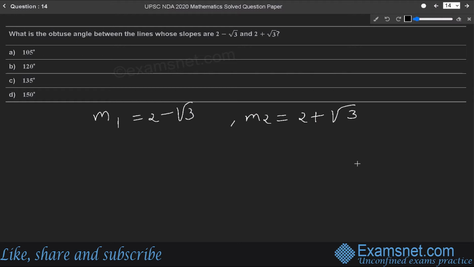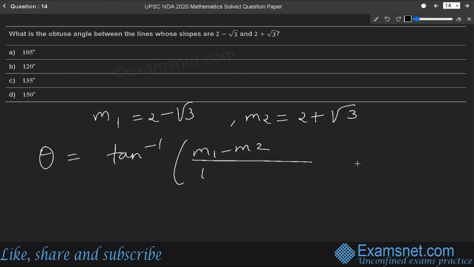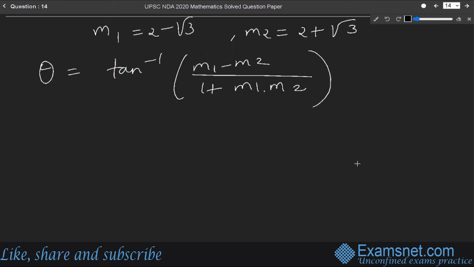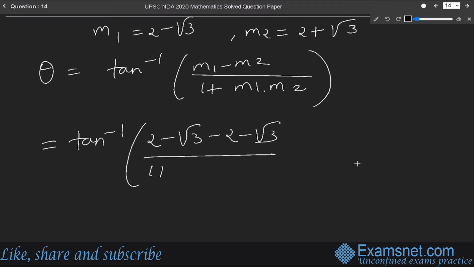So the angle will be theta is equals to tan inverse of (M1 minus M2) upon (1 plus M1 into M2). We already know the value of M1 and M2. So putting the values of M1 and M2 here, we will get tan inverse of (2 minus root 3 minus 2 minus root 3) upon (1 plus (2 minus root 3) into (2 plus root 3)).